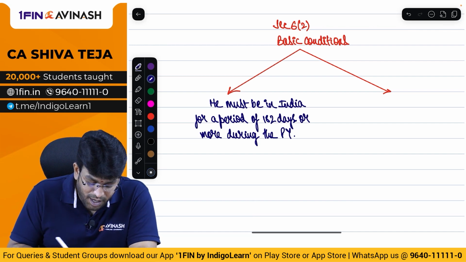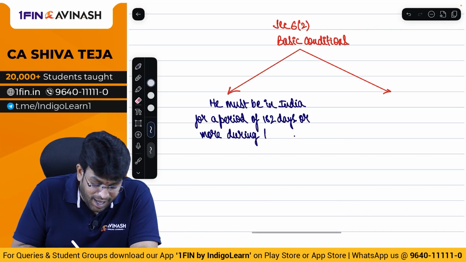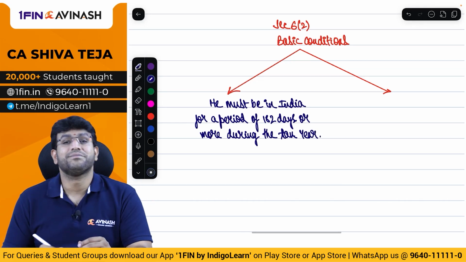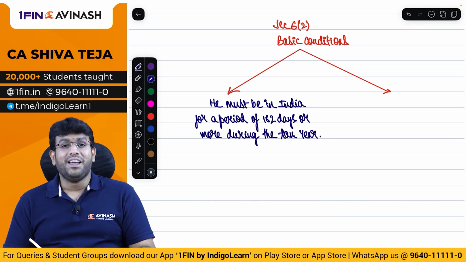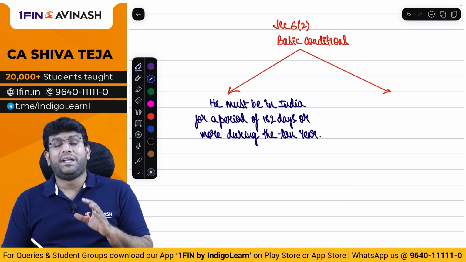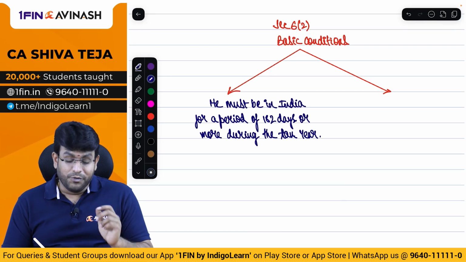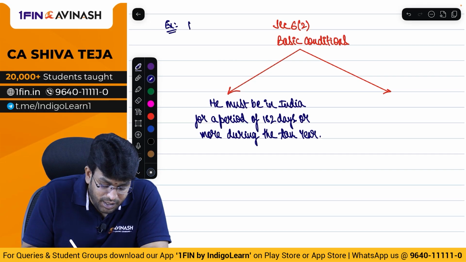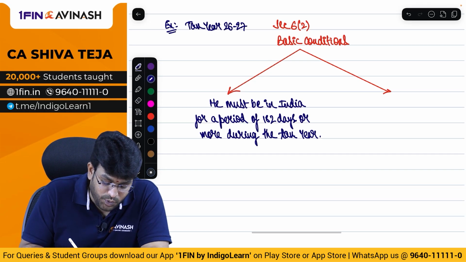Since the previous year concept is not there now, I'll write the words as during the tax year. During the tax year, he is in India for a period of 182 days or more. For example, let us say the tax year is 26-27.